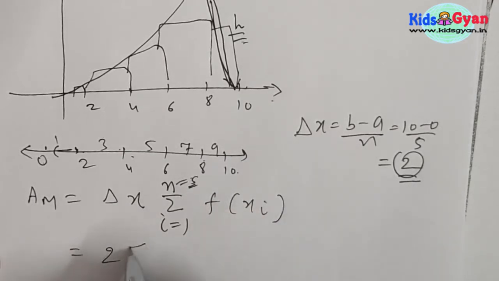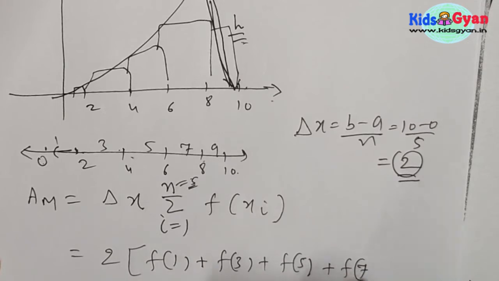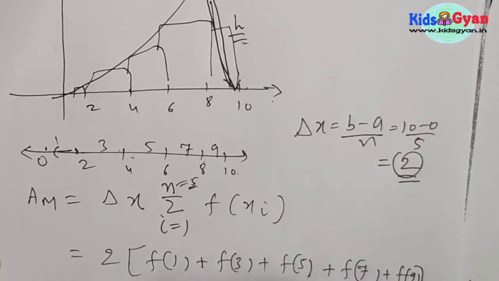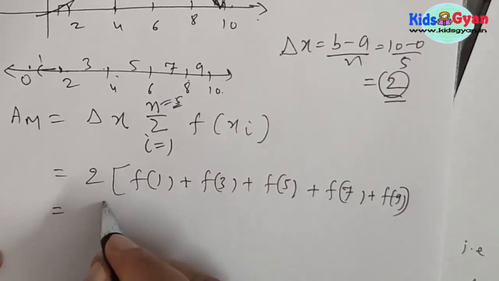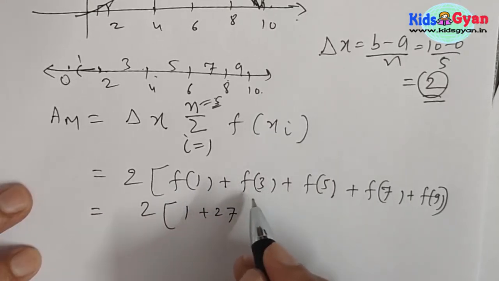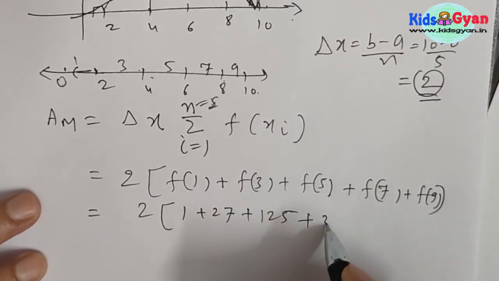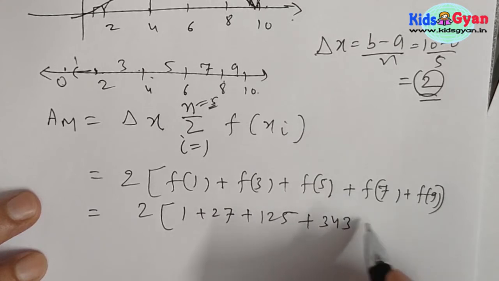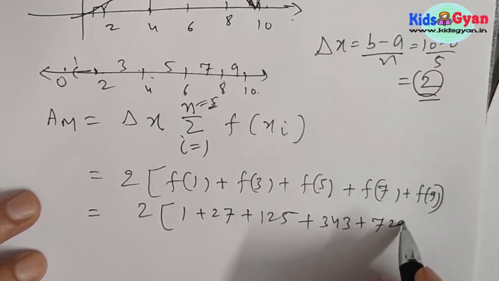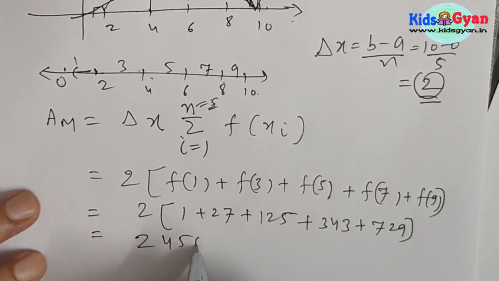So this is 2 into f of 1 plus f of 3 plus f of 5 plus f of 7 plus f of 9, and after calculating this is 1 plus 27, cube of 3 is 27, plus 125 plus 343, 7 cube is 343, plus 9 cube is 729, and after calculating this we get 2450.